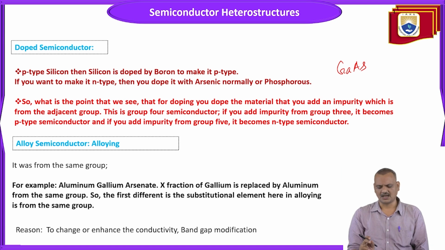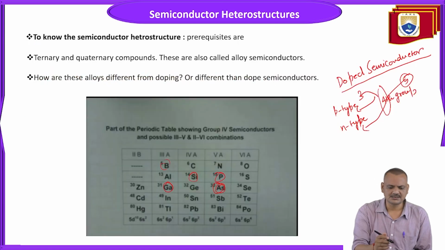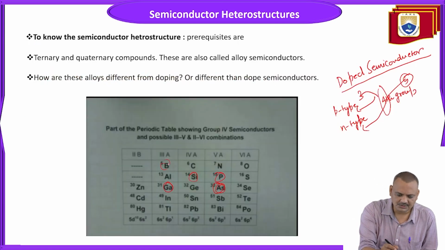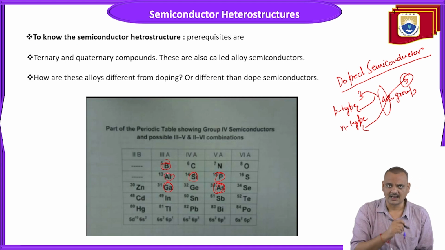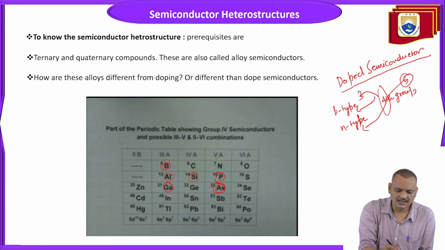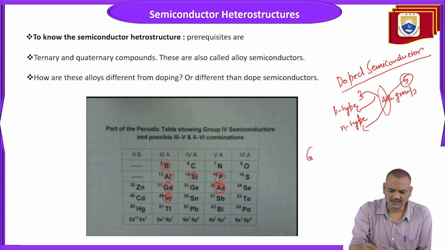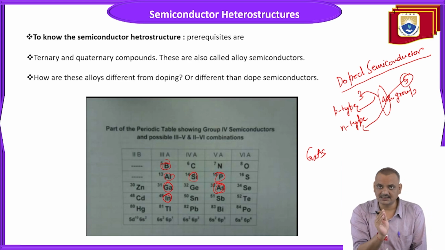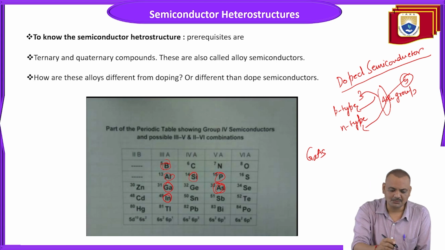And once you replace the gallium in some fraction by boron or aluminum or indium, like gallium indium phosphide... Now gallium is a third group element, and you are replacing the gallium in some fraction by a same group element, by indium or aluminum or boron.